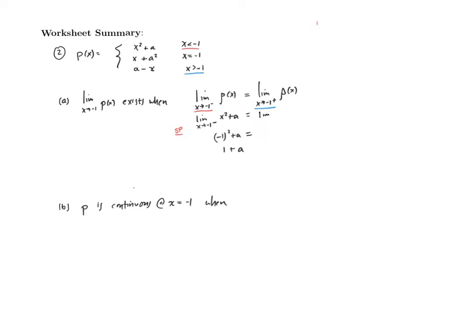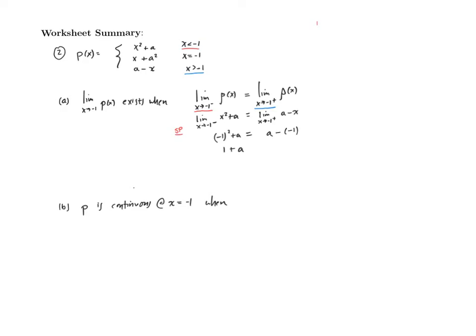So this would be the limit as x approaches minus 1 from the right of a minus x, which is also a polynomial. So using our same justification as we did to the left, the substitution property tells us simply substitute in x equals minus 1.